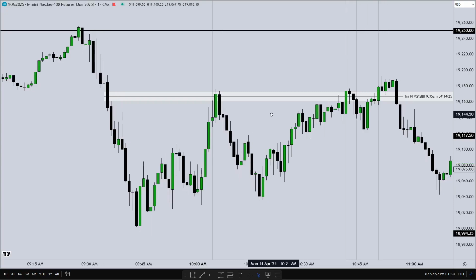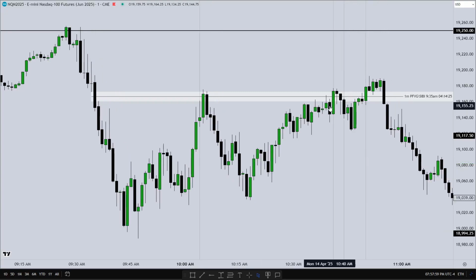Then fast forward a little bit to 10:40. So 10:40 is the last candle before the narrative changes, right? Because that's the last candle that goes up to price, or the first presented gap, before at 10:41 we close above it, right? So then I have 10:40 a.m., bearish fair value gap slash SIBI.